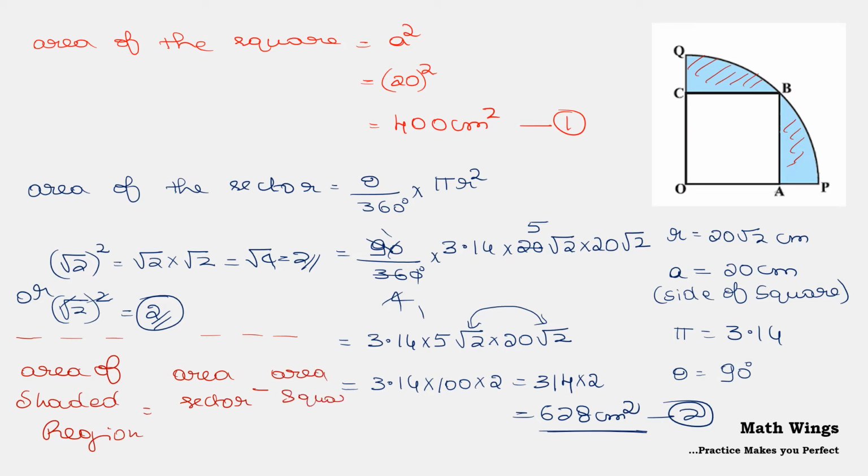Correct? So that is equal to, we have area of the sector as 628 minus area of the square as 400. So 628 minus 400 is equal to 228, and the unit is centimeter square.